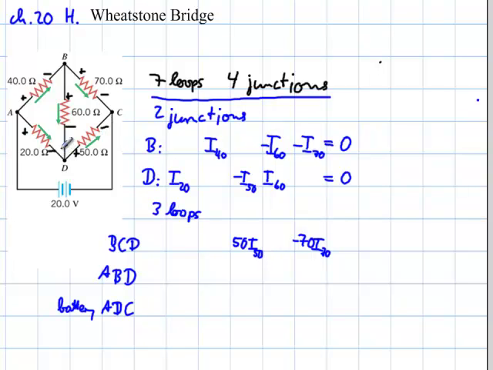And as I go back to B here, I also have a potential increase, so I have 60 I60. And when I'm once around with my loop rule, I come to the same potential, and so going once around, the potential difference is 0.